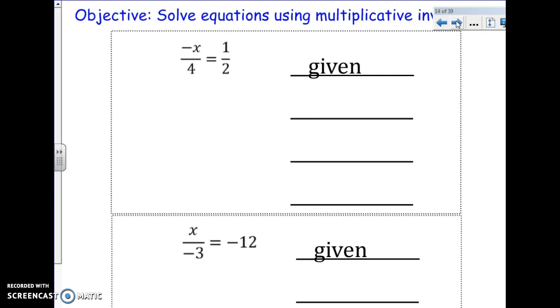Sometimes you've got fractions on both sides of your equation, and there's 2 ways you can solve it. I prefer the clearing the denominator way, and that is to, again, only looking at the side that has the variable, you identify what the denominator is, and so, x is being divided by that. So I'm going to multiply both sides by 4 to get rid of that.